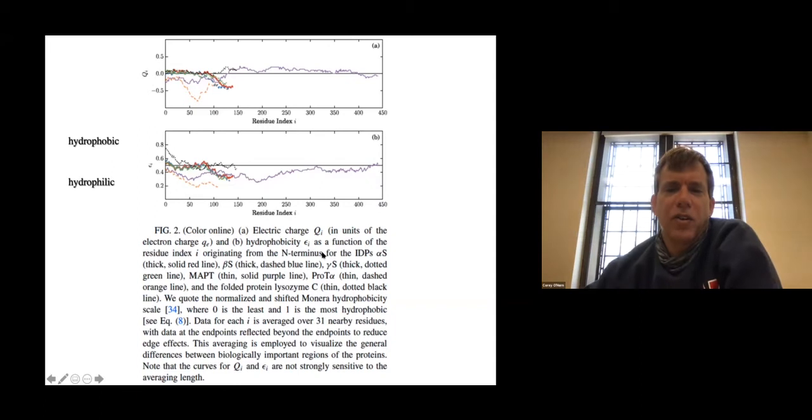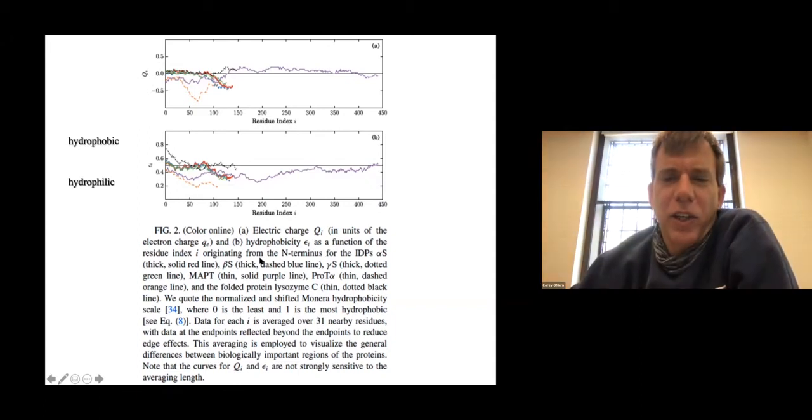Whereas if you compare that to the others, the synucleins, the tau protein, and Pro-T alpha, they're mainly charged and mostly negatively charged. So you see the purplish blue, the dashed orange, yellow are very highly charged.